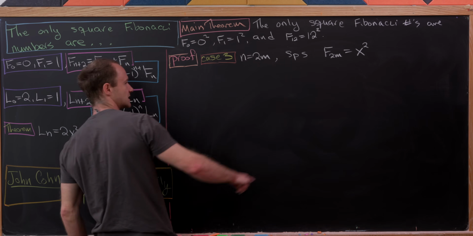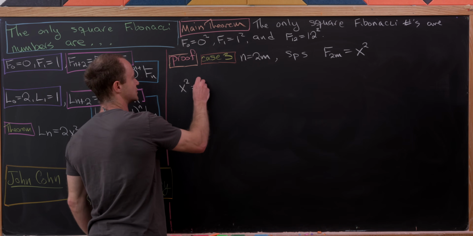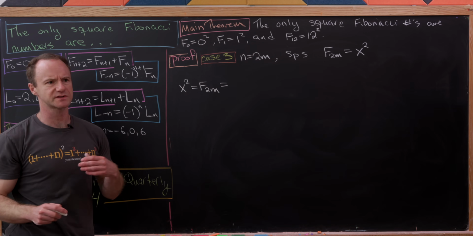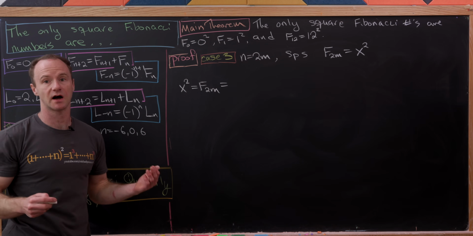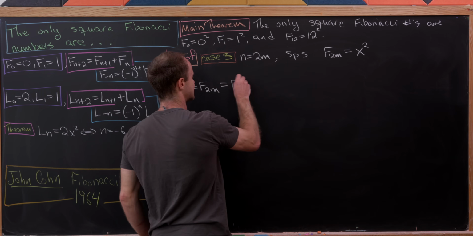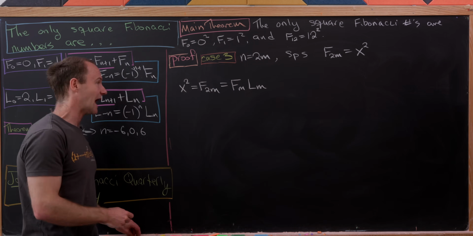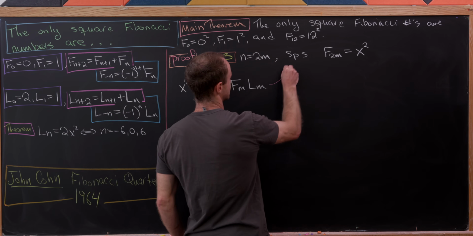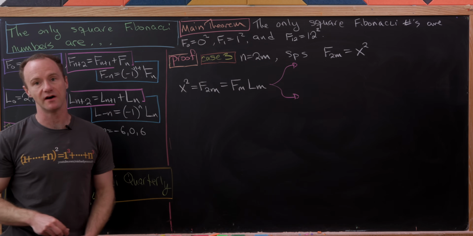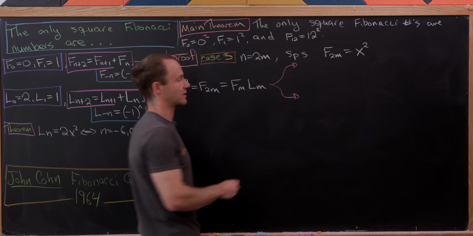Okay, so now let's maybe reverse this equation and note we have x squared is equal to f sub 2m. And now we're going to use a Fibonacci-Lucas number like relationship or identity to write this as f sub m times L sub m. And we're going to use another result based on the greatest common divisor of the Fibonacci number and the Lucas number.